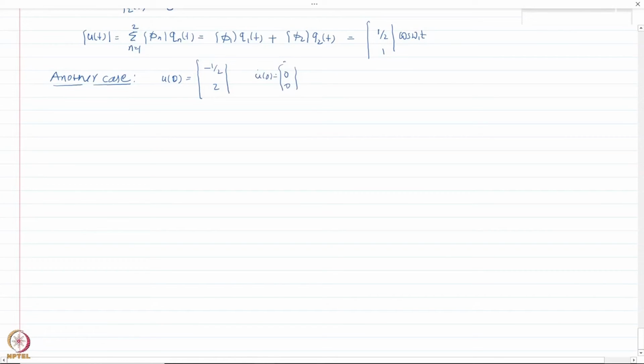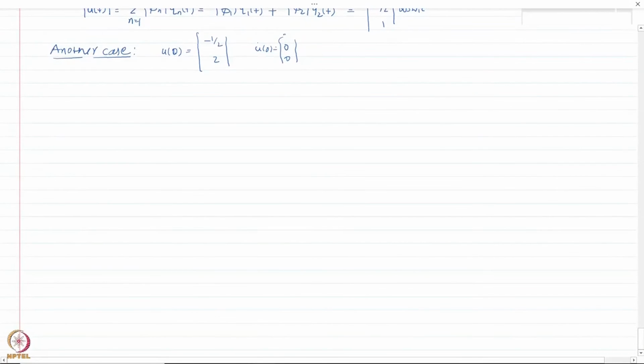Okay, so we can again follow the same procedure. We can write down the displacement as, before writing that, remember this is my first degree of freedom, this is the second degree of freedom. I can write this as phi 1 times q1(t) and phi 2 times q2(t).